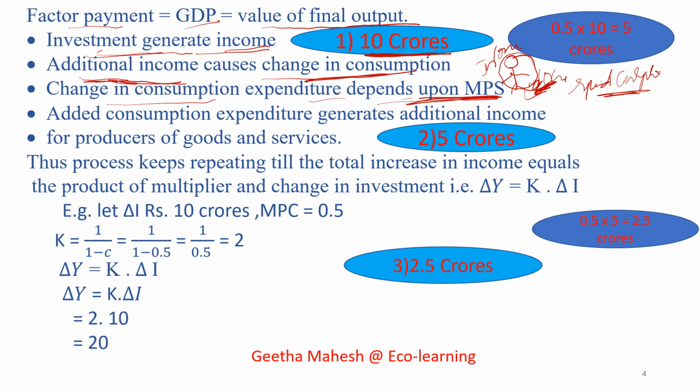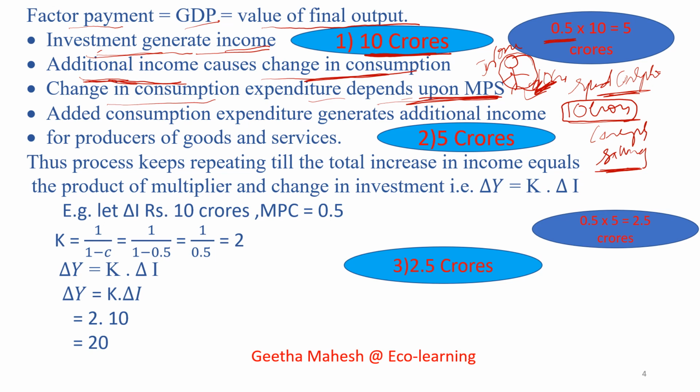That means when he gets 10 crores, he won't use the complete 10 crores for consumption. He is going to make some savings. How much he saves depends on the marginal propensity to consume.